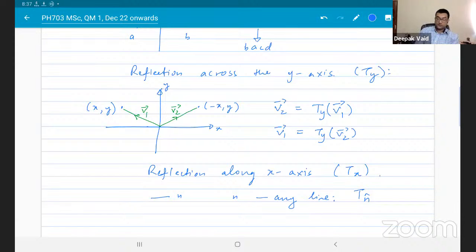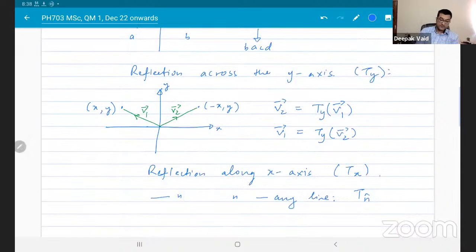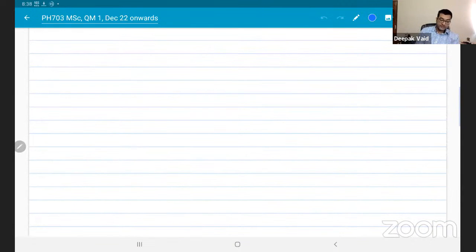So for a square, these are two symmetries: reflection along x and reflection along y. But I can have other symmetries also.